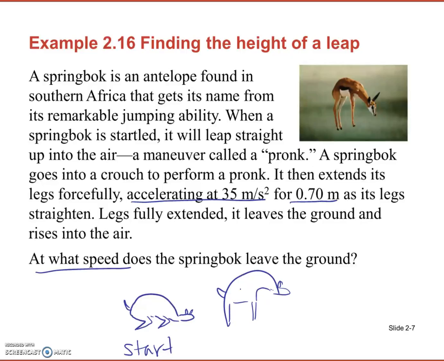Okay, but the point is, if this is my x equal to 0 axis, then he goes from 0, an initial position, to a final position of 0.7 meters. And I know the acceleration for that time, and I want to know how fast he's going when he leaves the ground.